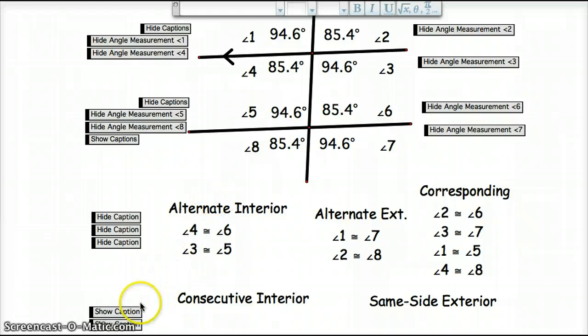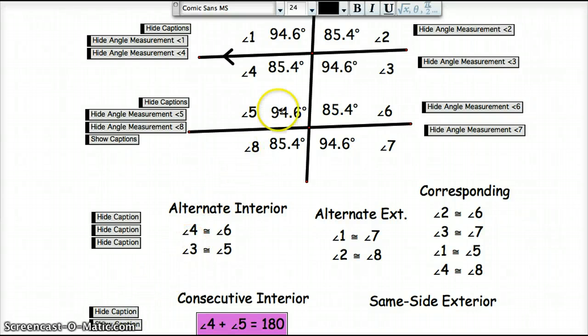That's right, if I add them together, I end up with 180 degrees. 85.4 and 94.6 is 180 degrees. Over here, consecutive interior angles, angle 3 plus angle 6, 94.6 plus 85.4, also equals 180 degrees.